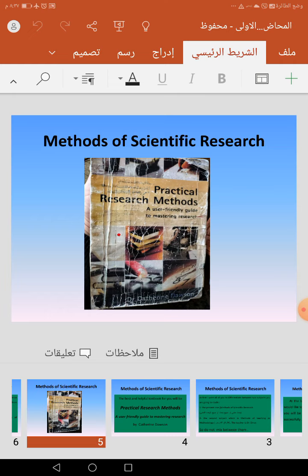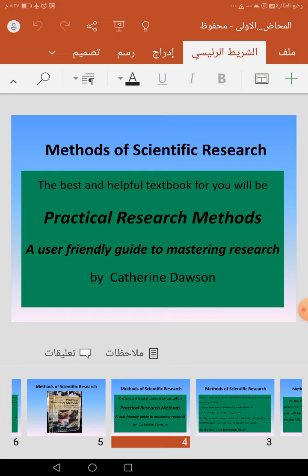This textbook is called Practical Research Methods, a user-friendly guide to mastering research by Catherine Dawson. It is the best and helpful textbook for all of you, and it is chosen by the Department of English.